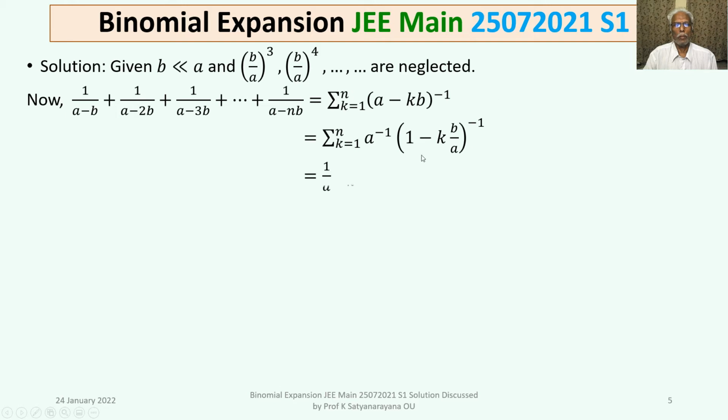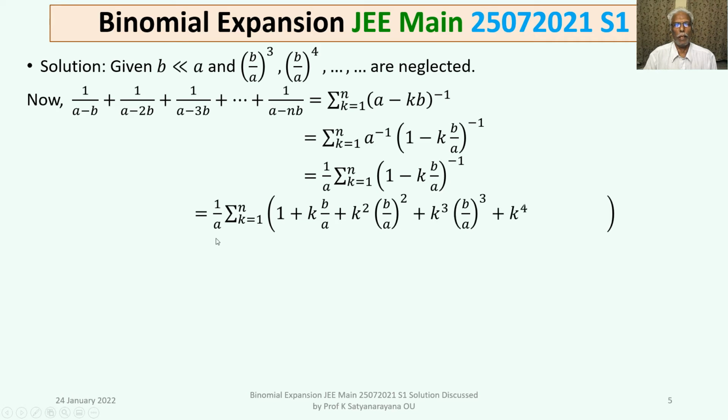Now we expand by the binomial expansion, with 1 by a taken out: 1 by a sigma k equals 1 to n of 1 minus k into b by a to the power of minus 1. The binomial expansion is 1 plus k into b by a plus k square into b by a whole square plus k cube into b by a whole cube plus k power 4 into b by a whole to the power of 4 plus etc.